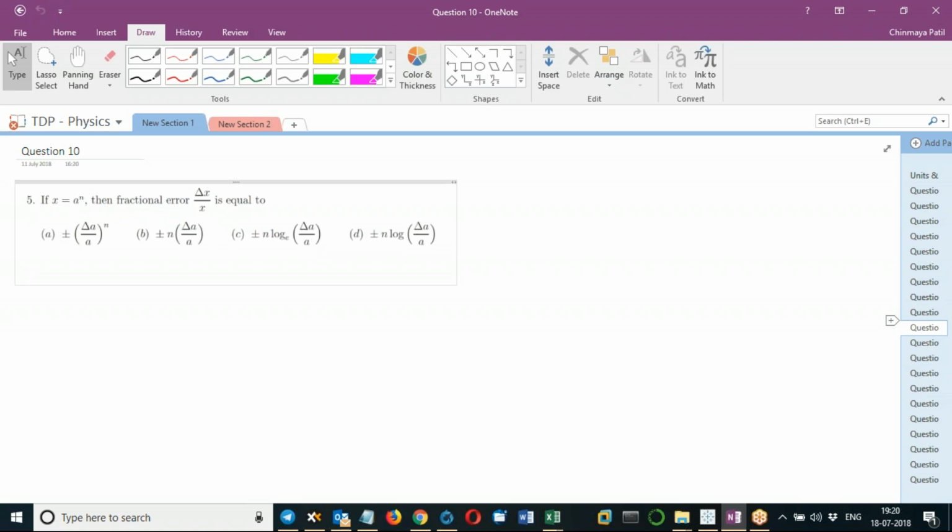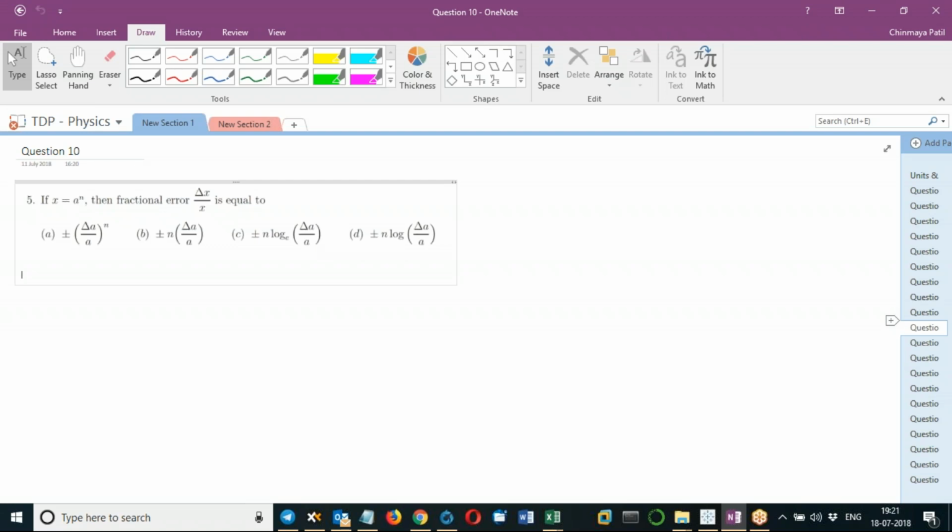So here I would like to explain the solution with the help of differential calculus, and you will see how differential calculus is going to give us the result very effectively with minimal effort and minimal time.